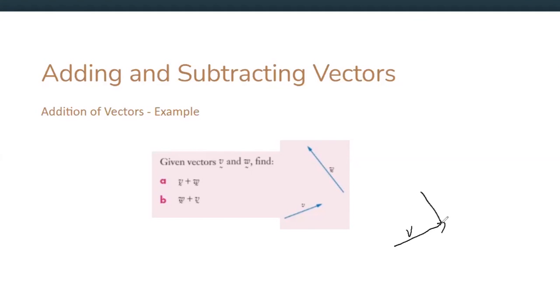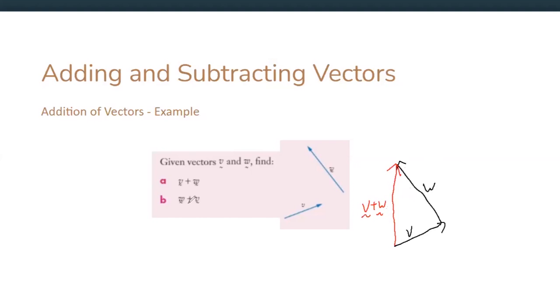And we're going to continue it up there. And that's going to be our w. And then the resultant vector is going to go from the tail of the first vector to the tip of the second vector. And that's going to be v plus w. And that's it. So that's the triangle law of addition. We essentially just added these two vectors to find the result.